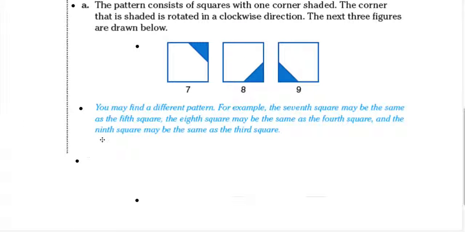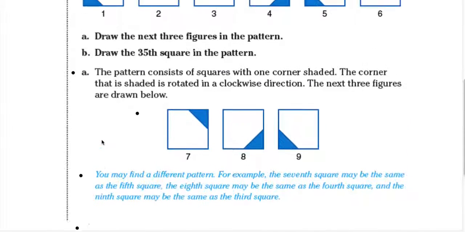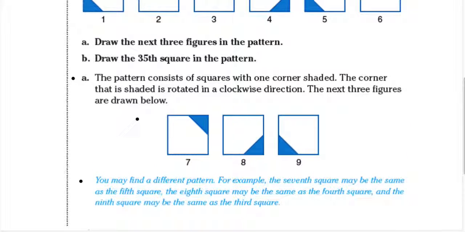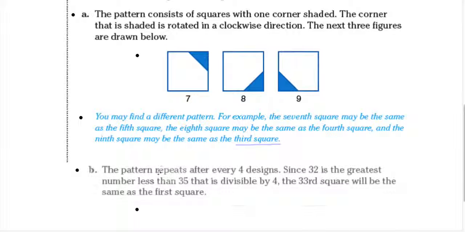Let's take a look at example B. Example B is saying draw the 35th square of the pattern. If we follow what this is saying, the pattern repeats after every 4 designs.